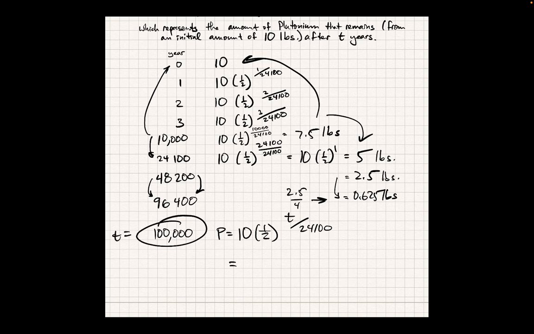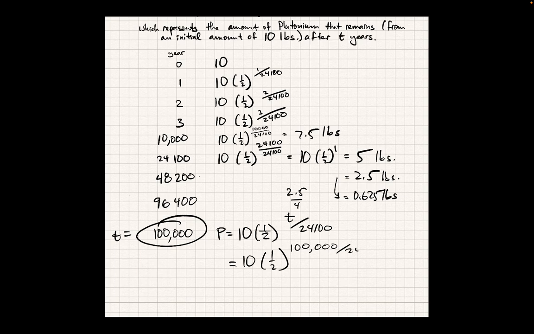Well, how do I figure out what the amount is? You do P equals 10 times 1/2 to the 100,000 over 24,100.